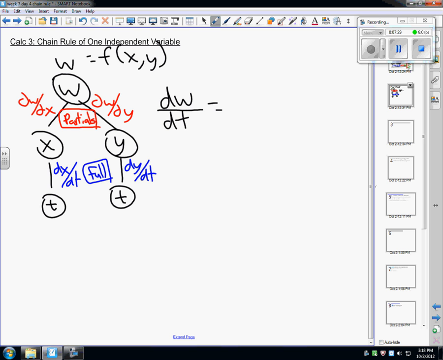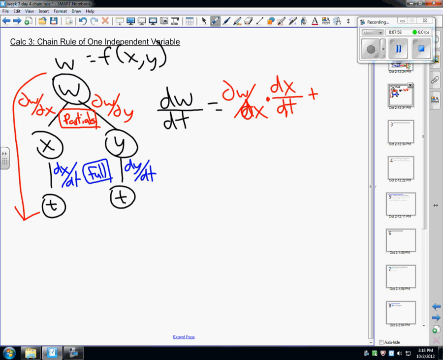I'm asking for the full derivative of w, all about the t's. What you need to do is come down through each chain. So on one part of the chain, I'm going to have dw, oops, that should be a dx, times the full derivative dx dt. That's sending it down that part of the chain.